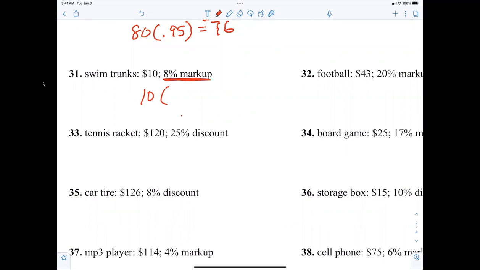That would be if it was a markdown. This represents 100%. You're adding 8%. So what percentage are you multiplying by? No, 108. So what decimal is that?